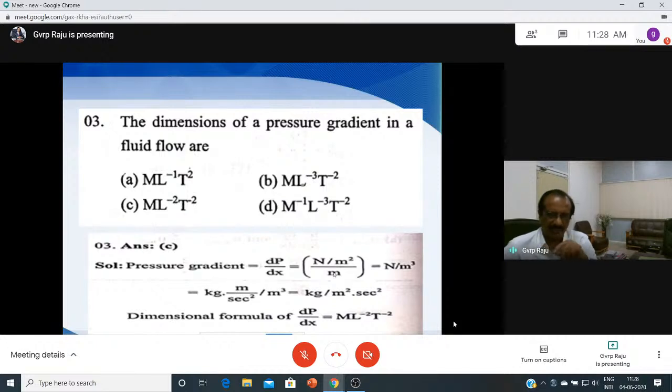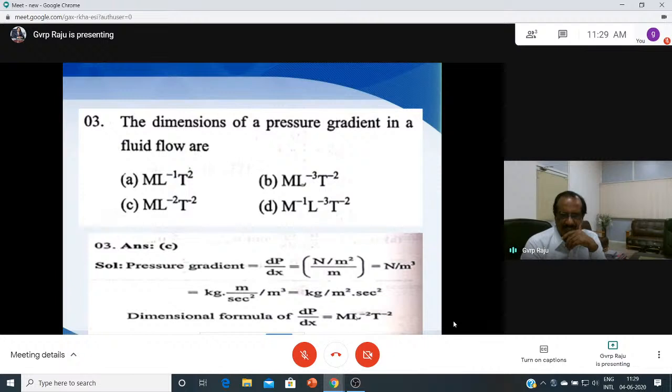Then how will you convert into dimensional analysis? Newton is a force, F is equal to MA, mass in kg and acceleration in meters per second square. So Newton is kg meter by second square, divided by meter cube. Meter cancels, and finally this is kg by meter square second square. So kg you can take as M.